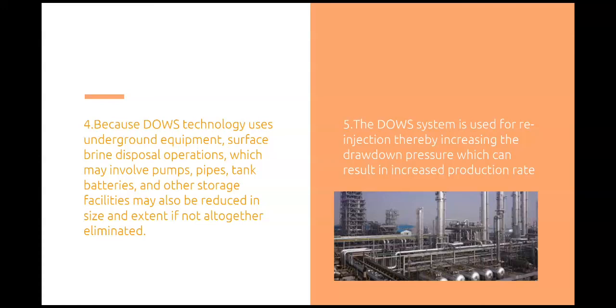And lastly, the downhole oil water separator system is used for re-injection, thereby increasing the drawdown pressure in the formation, which can result in an increased production rate for the oil and gas production system.